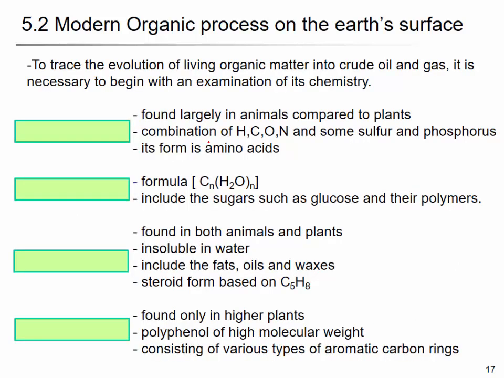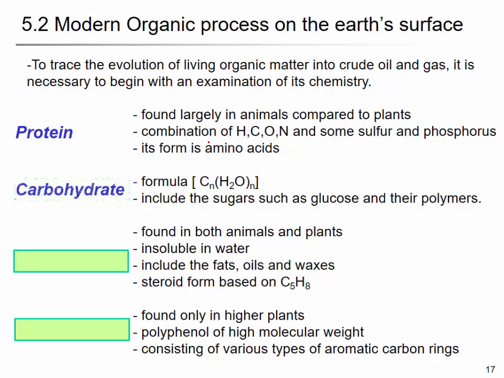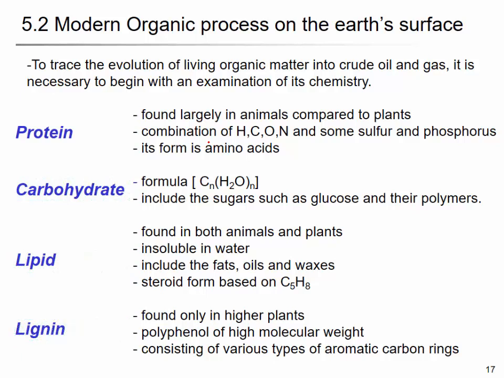Okay, so living organic matter, if the plant dies or the animal dies, or it can be just plankton, right? Very small creatures, they can die, and then it becomes the four major components. You can crack down to the four major components. One is the protein and carbohydrate, lipid, and the lignin. I think you've heard of it.